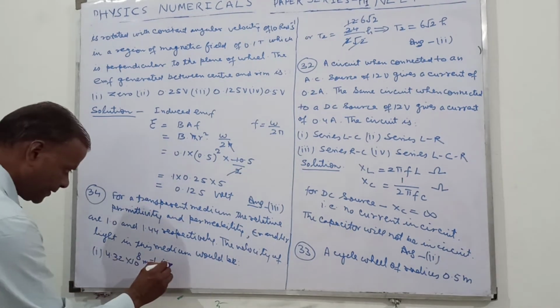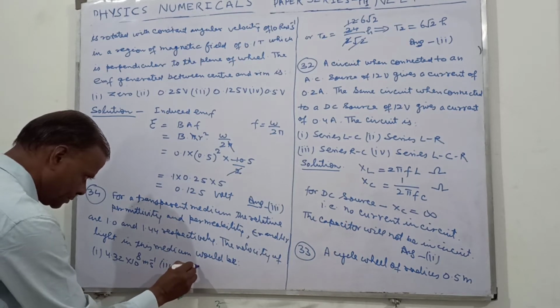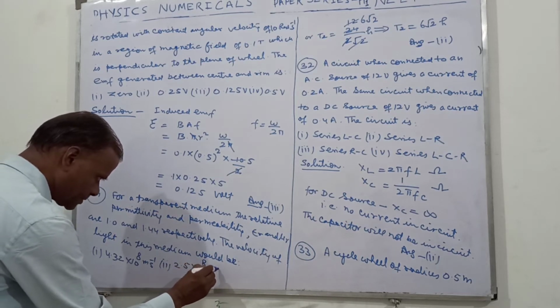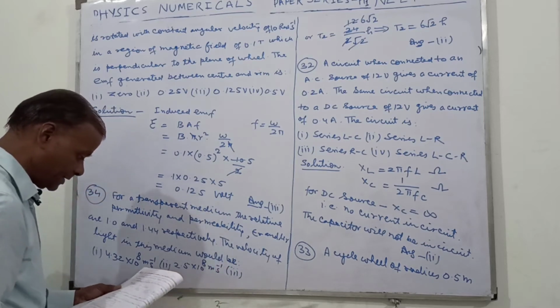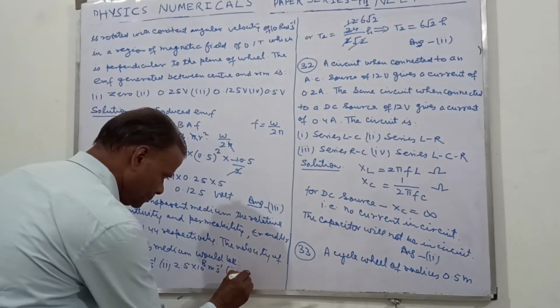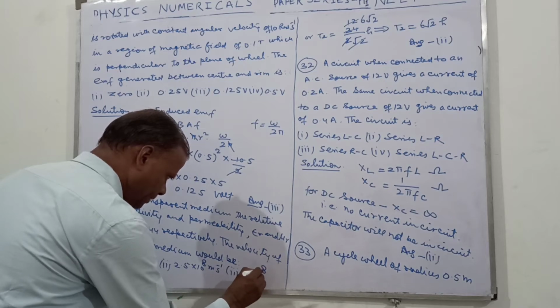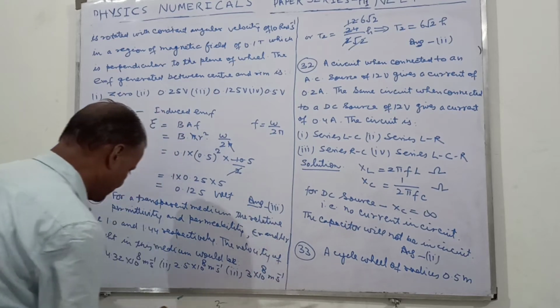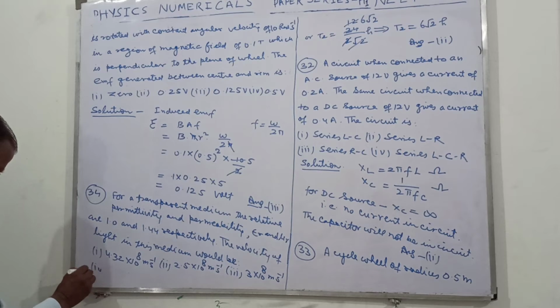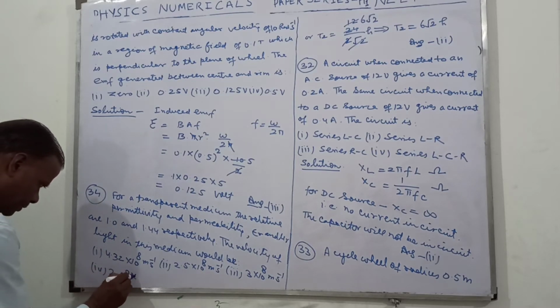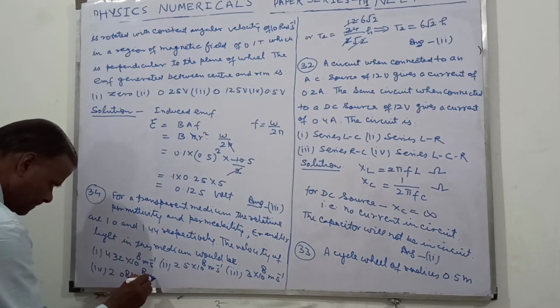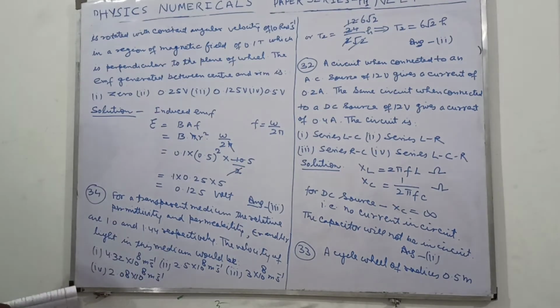Second is 2.5 into 10 raised to the power 8 meter per second. And third is 3 into 10 to the power 8 meter per second. And now fourth is 2.08 into 10 raised to the power 8 meter per second. These are the options.